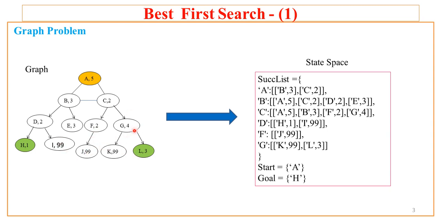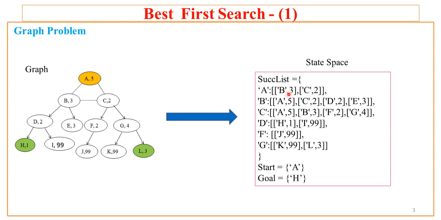So this whole information of the graph is represented using a list, which is nothing but the state space representation. It is a list of successors, and here the Python dictionary data structure is used to represent this list of successors. For example, A is the node having successors B and C, and it is represented as a node value pair.